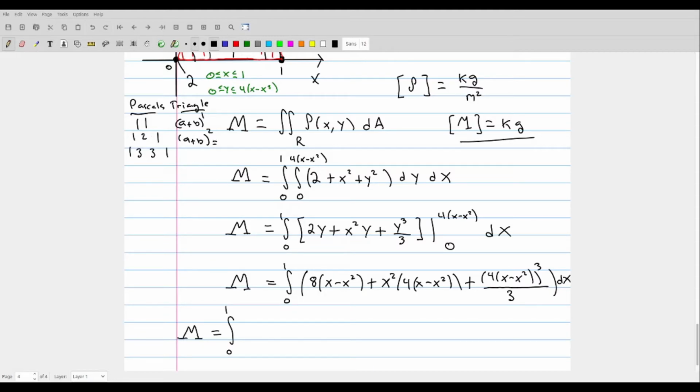So a plus b squared is a squared plus 2ab plus b squared. So the third row in Pascal's triangle gives you what the coefficients of a plus b cubed are going to be. It'll be a cubed plus 3a squared times b plus 3ab squared plus b cubed.